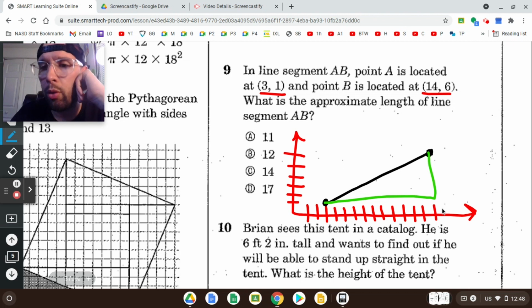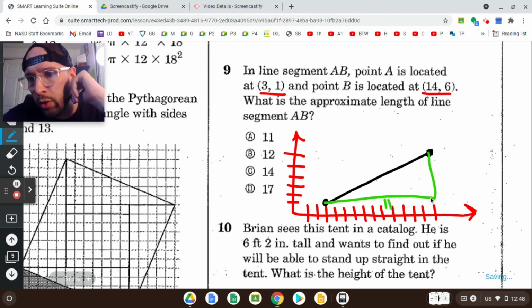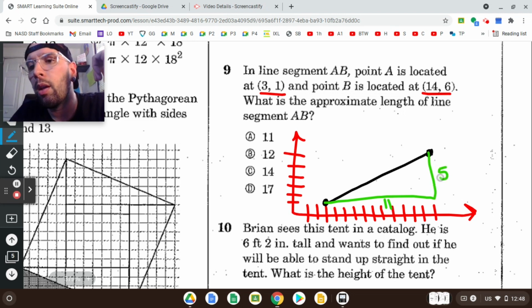So this is 11. This guy started down here at 1 and goes up to 6, which is 5. Okay, now it's harder to count this way, but 1, 2, 3, 4, 5. I need to find C.